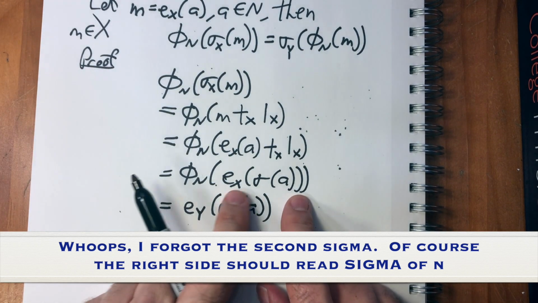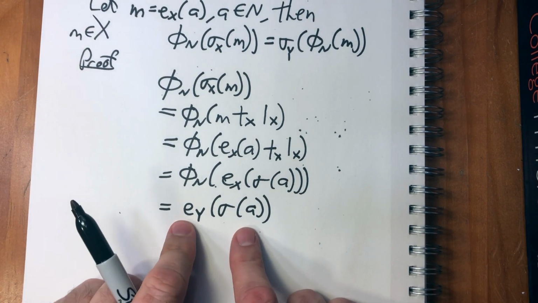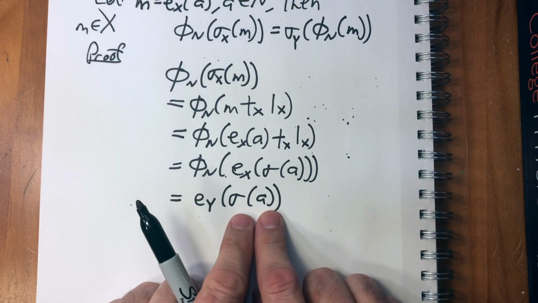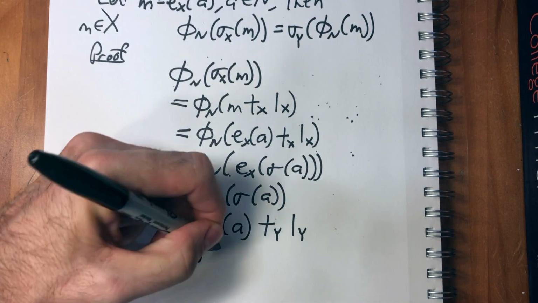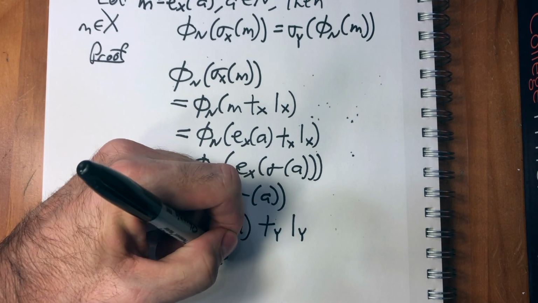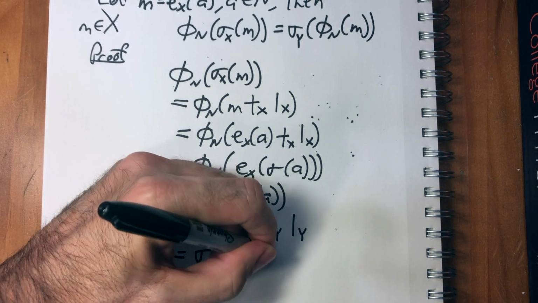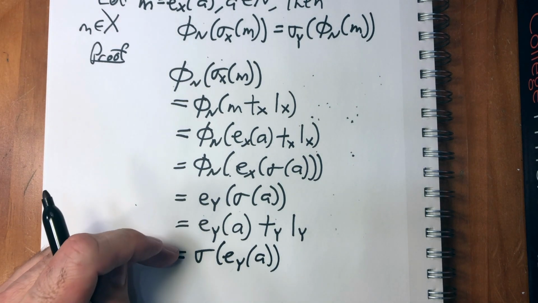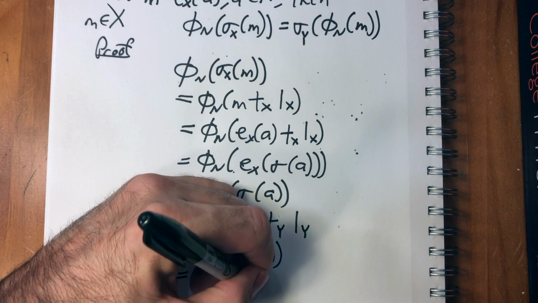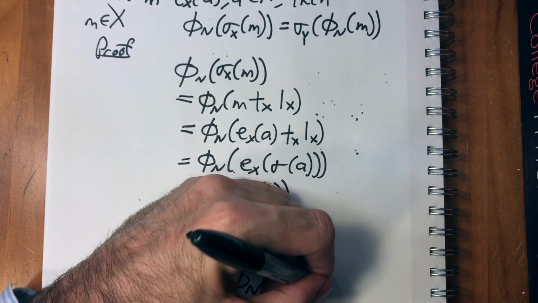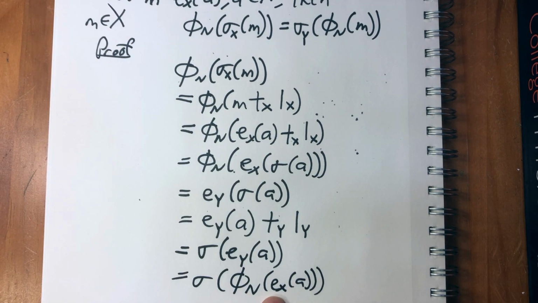So we have the embedding in x of sigma alpha, and then that equals the embedding in y. This is the definition of the embedding into y. This is the definition of sigma. Now, again, this is again the definition of phi.